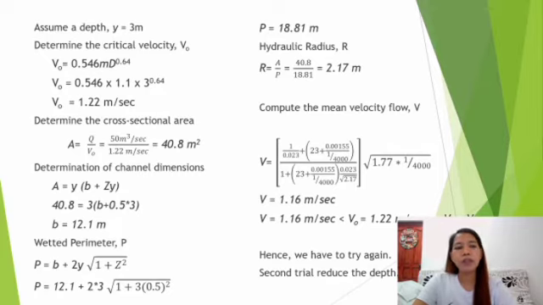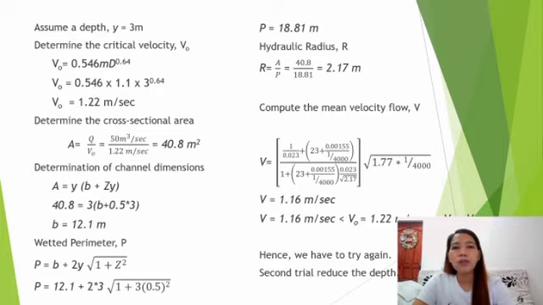So we have 40.8 square meters, and then for the channel dimensions, we already have given equations, and we'll just need to substitute on the formula given for the trapezoidal section. So we can come up with our channel dimension B, and then also we can get the value of the wetted perimeter and then the hydraulic radius.